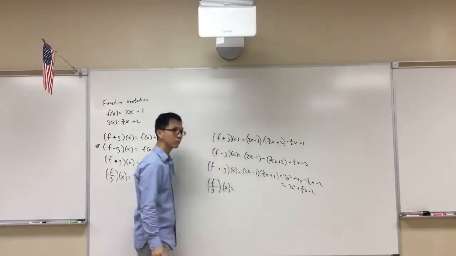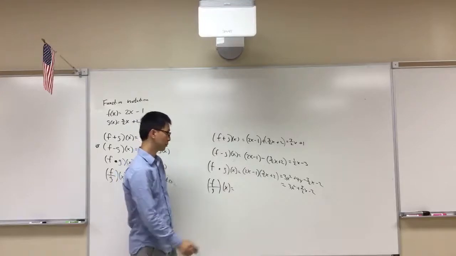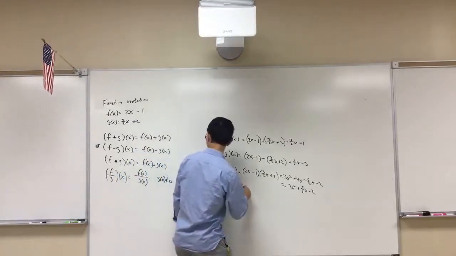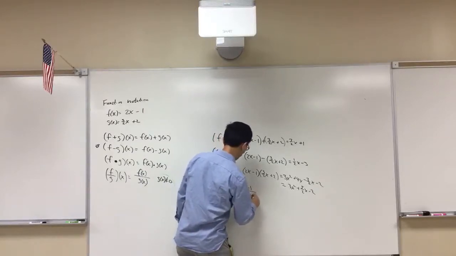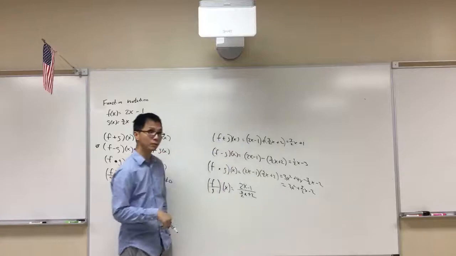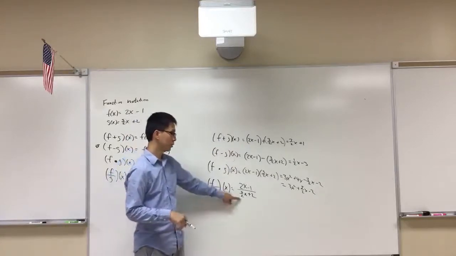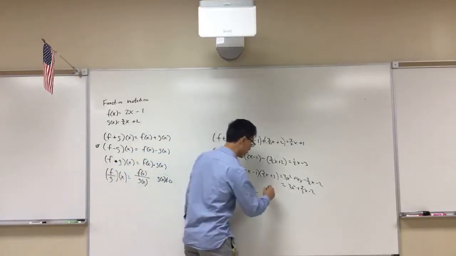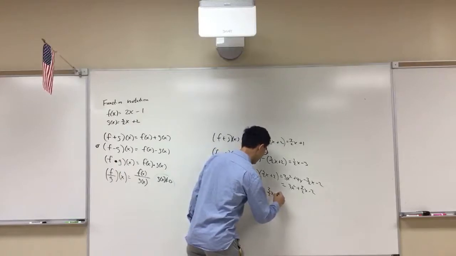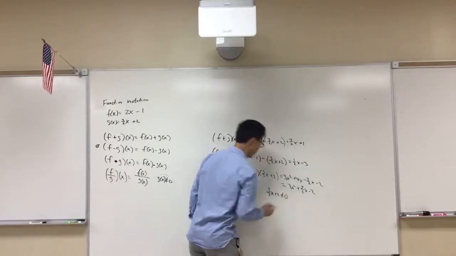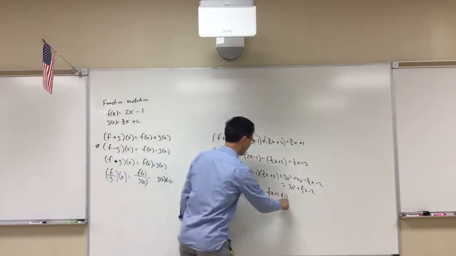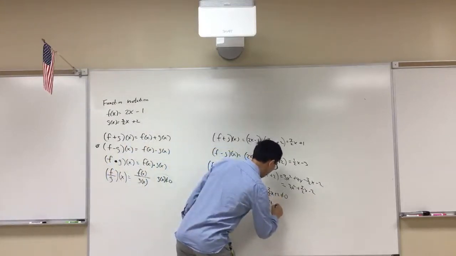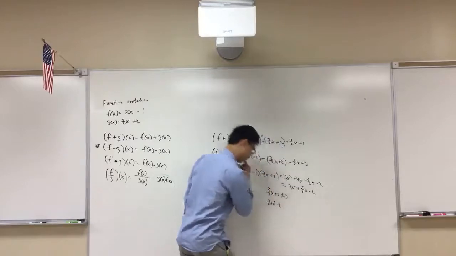Okay. So what is the f over g of x? That's equal to 2x minus 1 over 3 over 2x plus 2. But there was one thing you had to put: g of x cannot equal 0. So 3 over 2x plus 2 cannot equal 0, because a denominator equal to 0 is going to cause undefined. Then we're going to solve for this. So 3 over 2x equals negative 2.